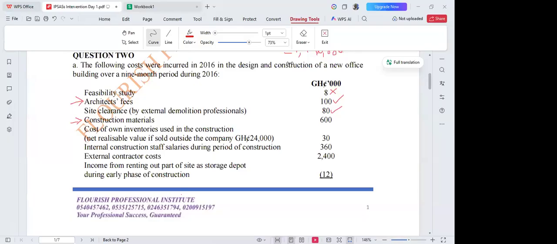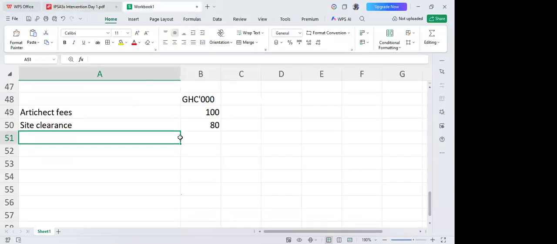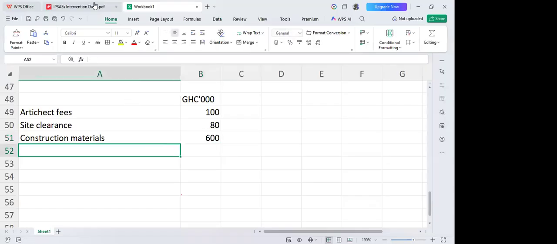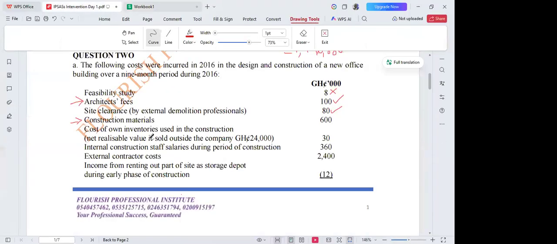Go ahead. Yes, please. It will be considered as part of the cost. Why? Because that's the purchase cost, the raw materials used in. Exactly. Raw materials used. So that's the purchase cost. Okay. Next, let's go to cost of own inventory used in the construction.